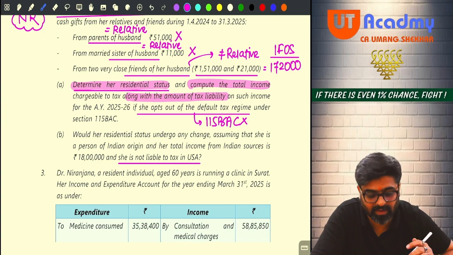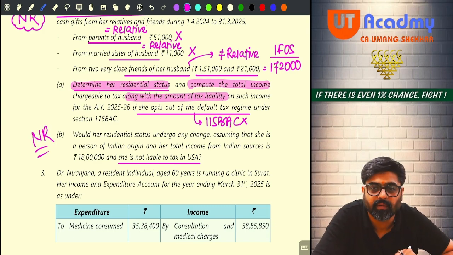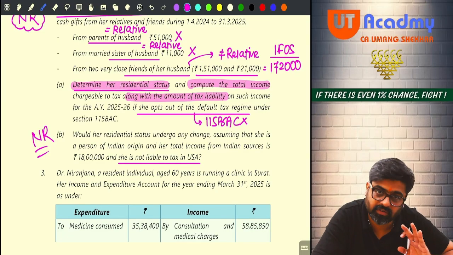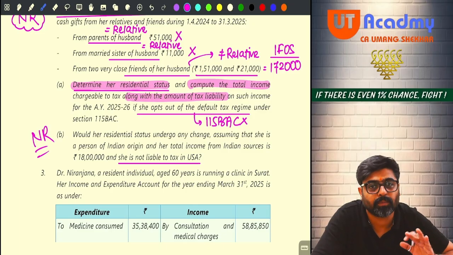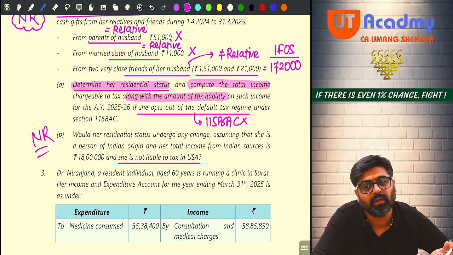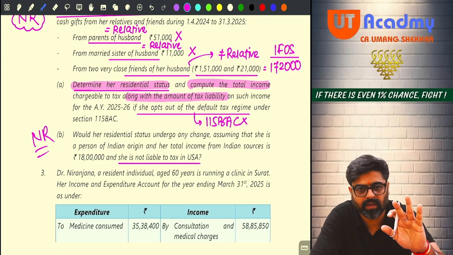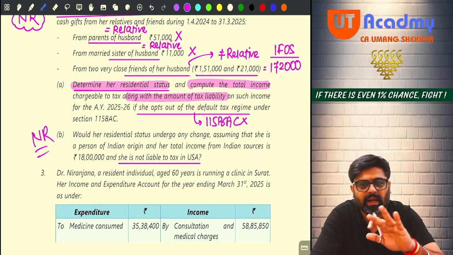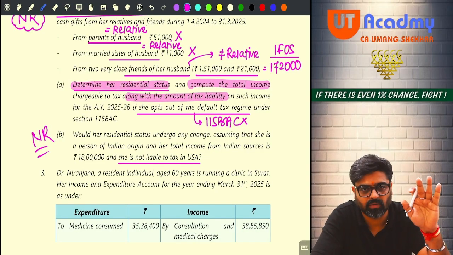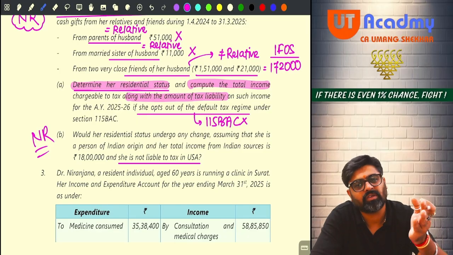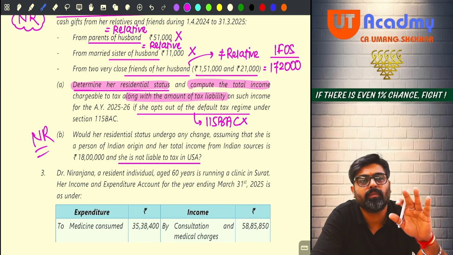So what will be the residential status? It will remain non-resident. Will you be able to do this kind of question now? Hello, sir. So in the last point B, what will be your answer? Answer you will write that, see, if a person of Indian origin is coming to India for the purpose of visit and total income is more than 15 lakhs, then basic condition B is applicable, which will be as follows.